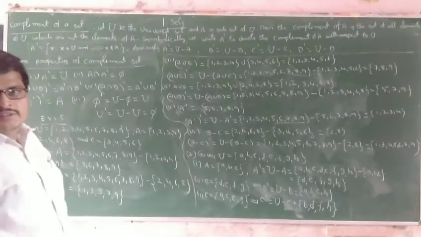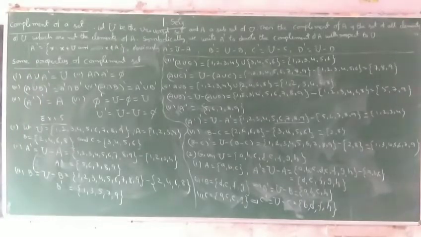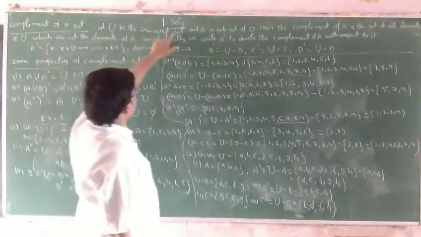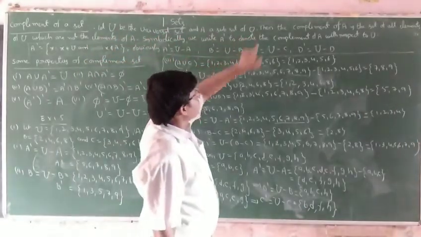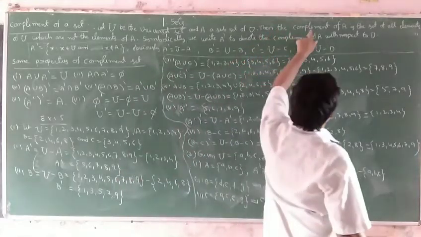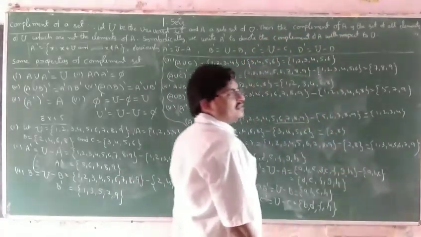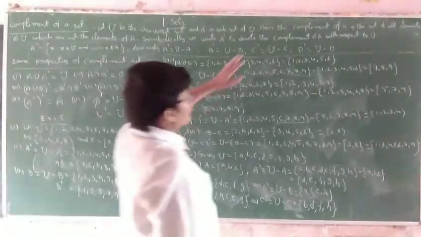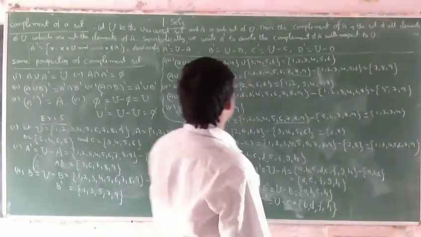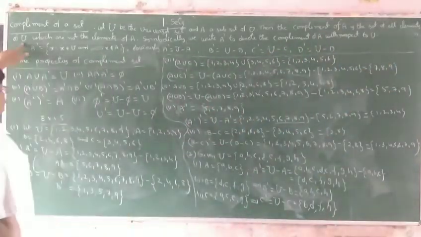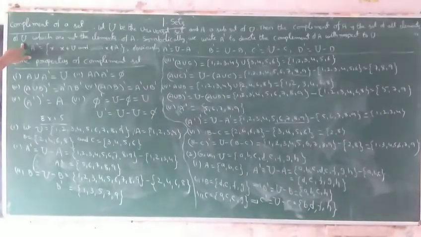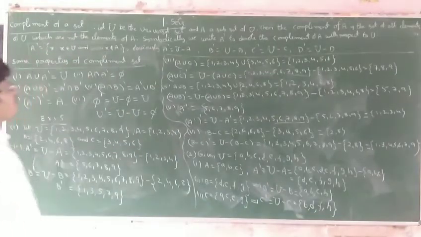Let U be the universal set, and A is a subset of U. Then the complement of A is the set of all elements of U which are not elements of A.